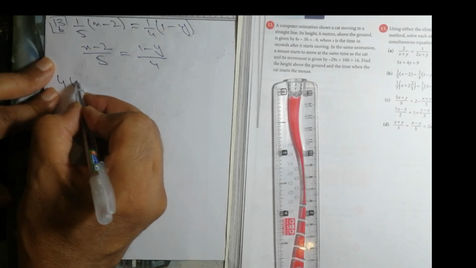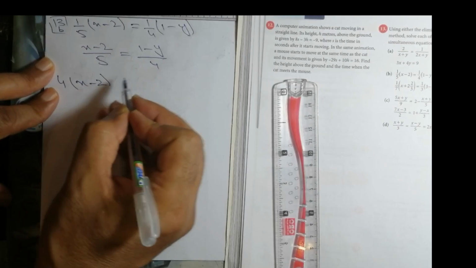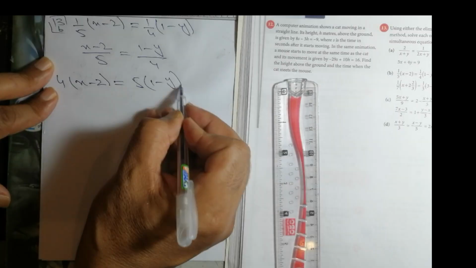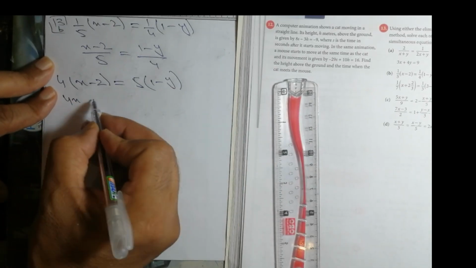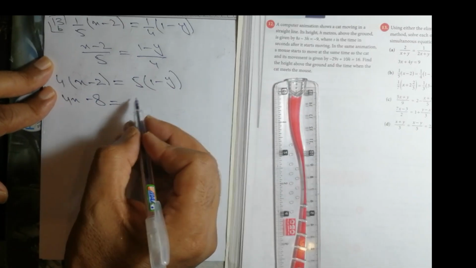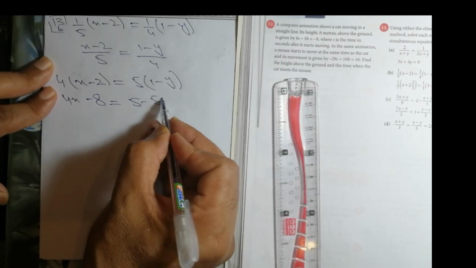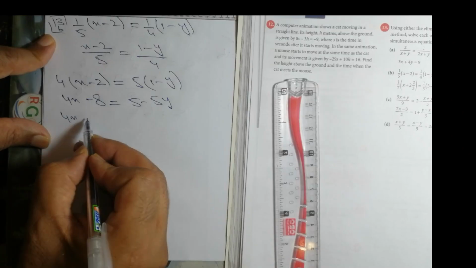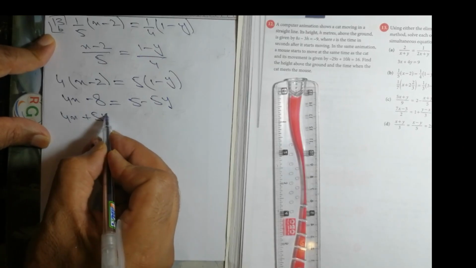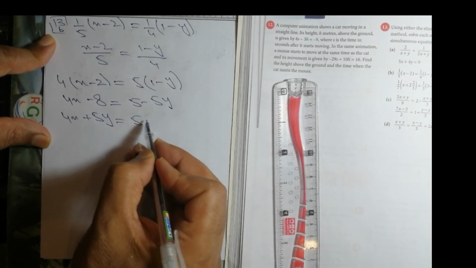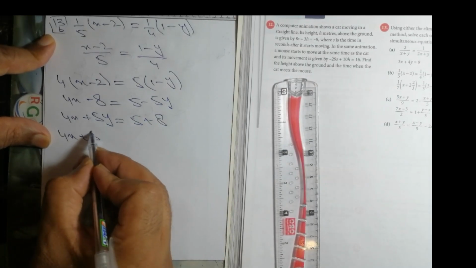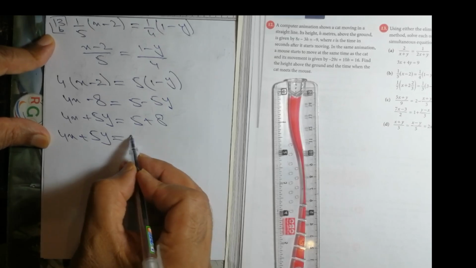So 4 into x minus 2 equal to 5 into 1 minus y. So 4x minus 8 equal to 5 minus 5y. Now we need to arrange: 4x plus 5y equal to 5 plus 8, 4x plus 5y equal to 13.